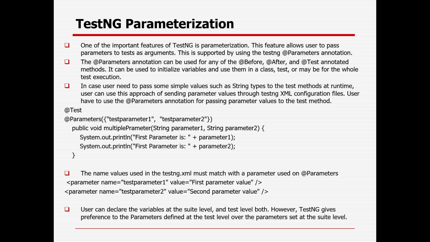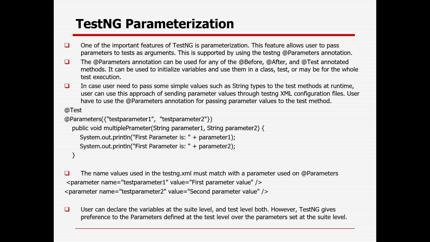It can be used to initialize variables and use them in a class, test, or maybe for the whole test execution. In case the user needs to pass some simple values such as string type to the test method at runtime, the user can use this approach of sending parameter values through the testng.xml configuration file. The user has to use the @Parameters annotation for passing parameter values to the test method.